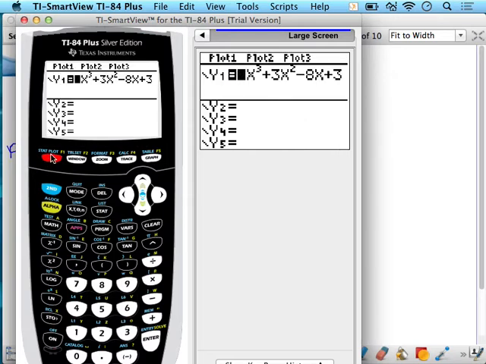So let's go to y equals and clear out what we had in there and type in the new problem. X to the third. Ooh, we need to be sure we come down out of that exponent. So x to the third plus 7x squared plus 11x minus 3. So that's my new polynomial, and that's what I would like to solve equal to 0.